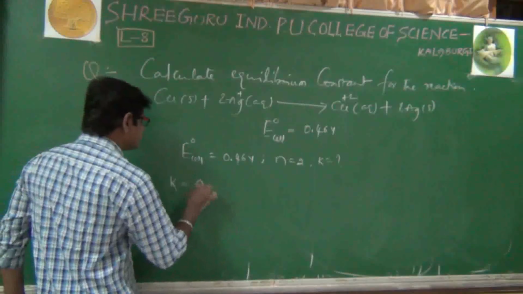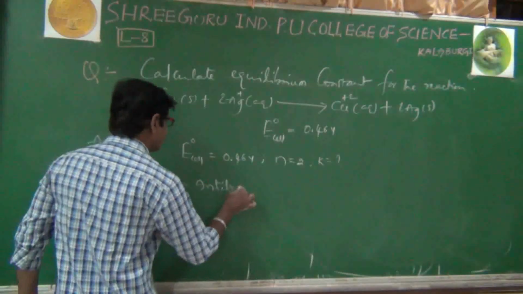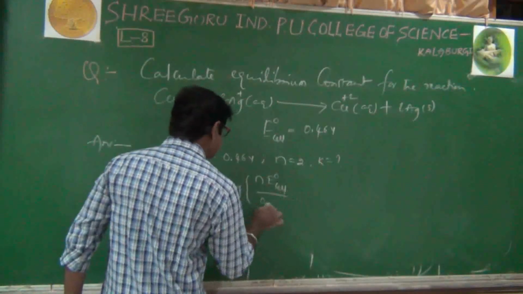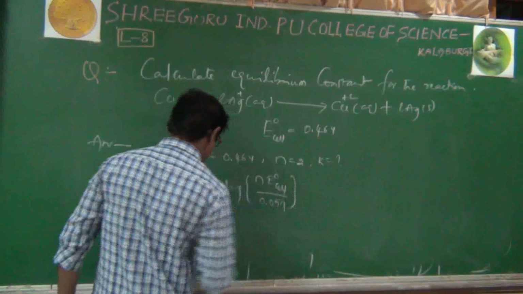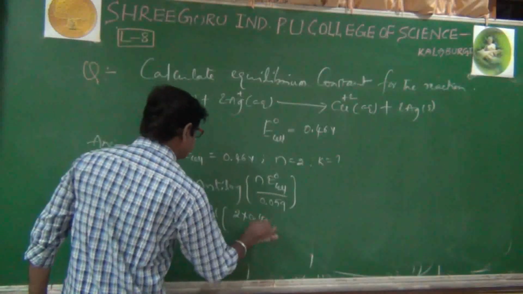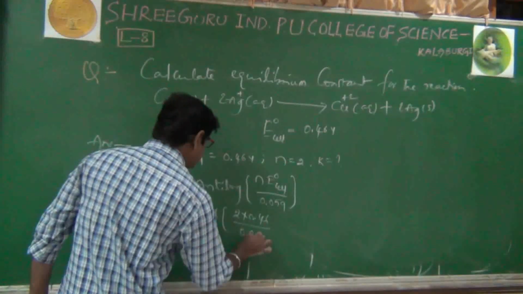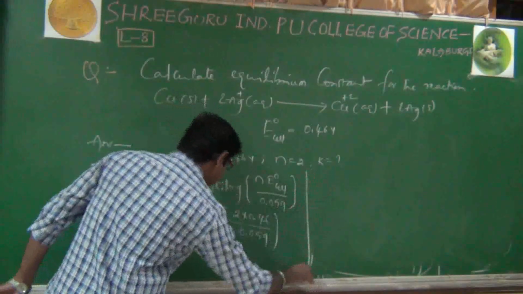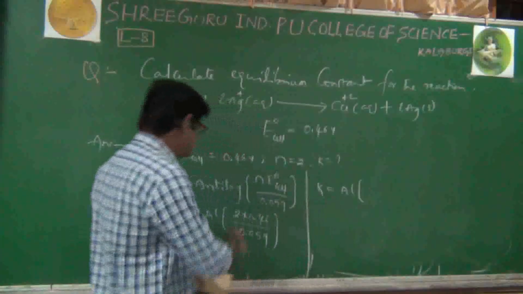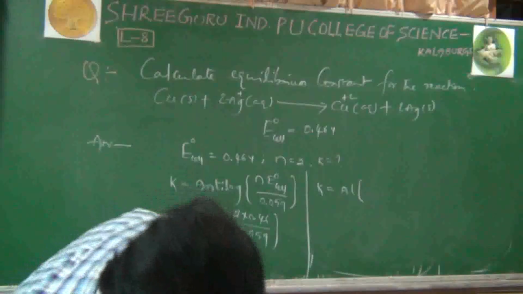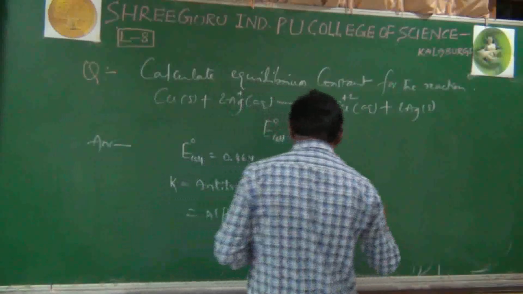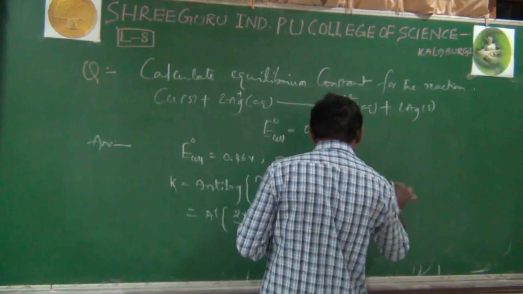Therefore, K is equal to antilog of n E naught cell divided by 0.059, that is antilog of 2 into 0.46 divided by 0.059. Again, if you simplify this value, you will get 15.6.